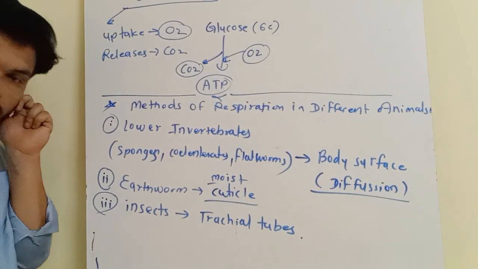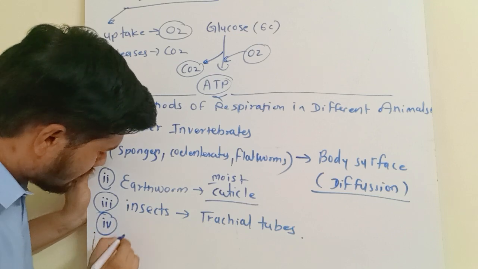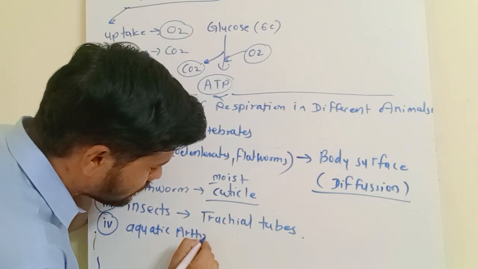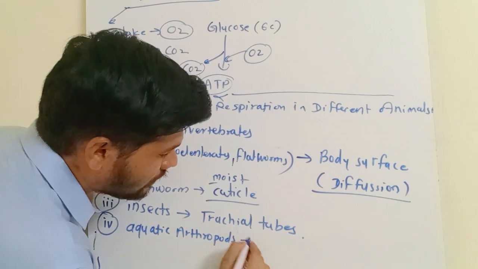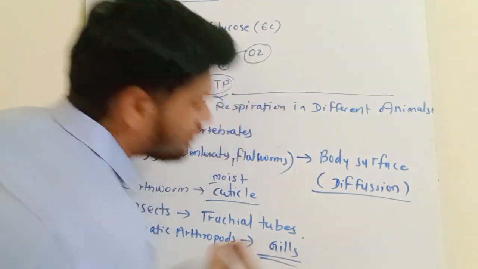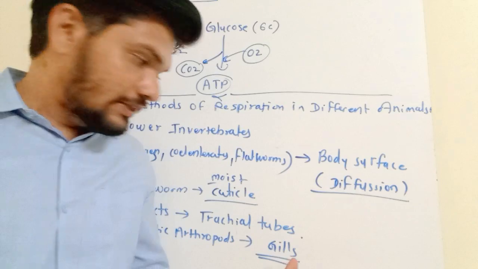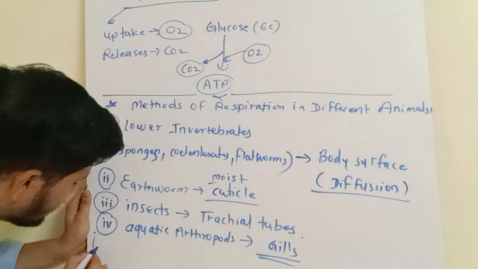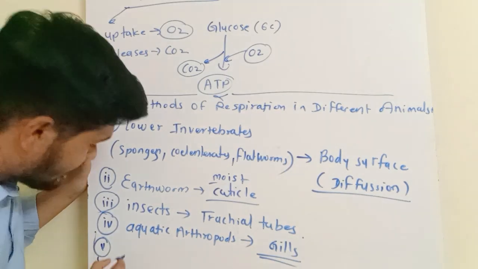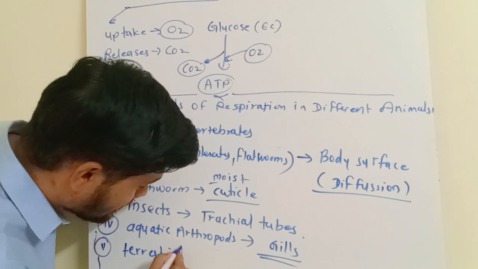Then some organisms like aquatic arthropods have gills, so they do gas exchange with the help of their gills. Okay. Then there are tracheal gills.